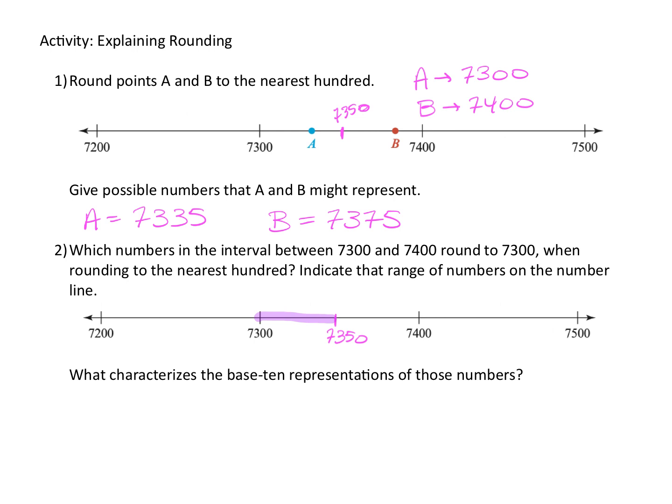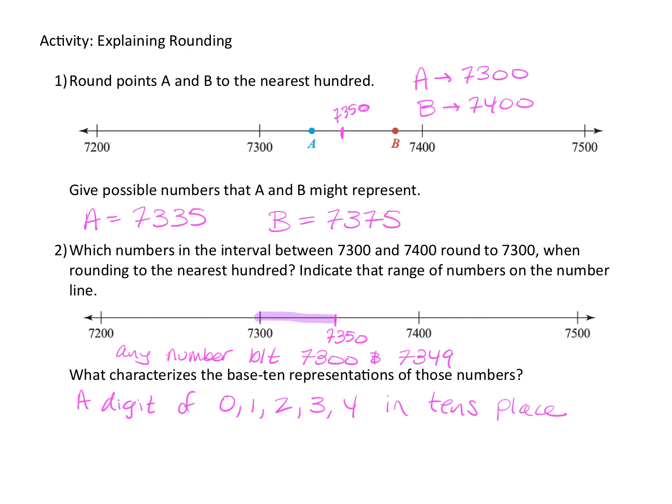So any number between 7,300 and 7,349, including 7,300 and 7,349, those round down. And what do all those numbers have in common? They have a digit of 0, 1, 2, 3, or 4 in the tens place.